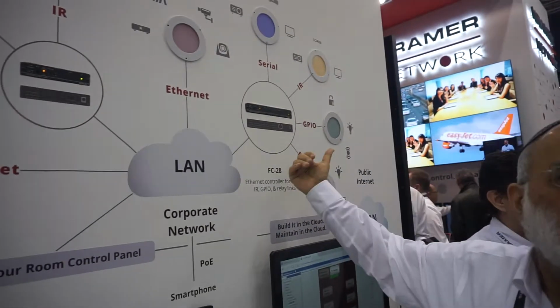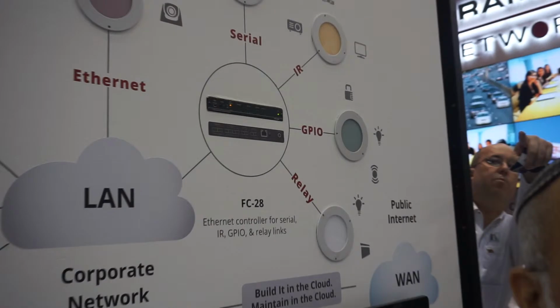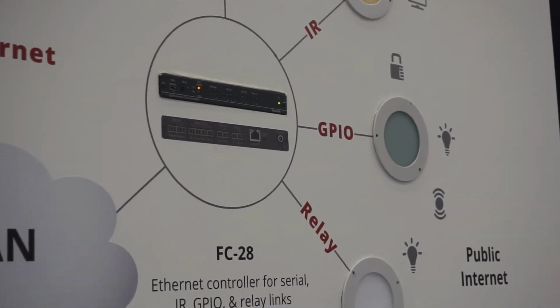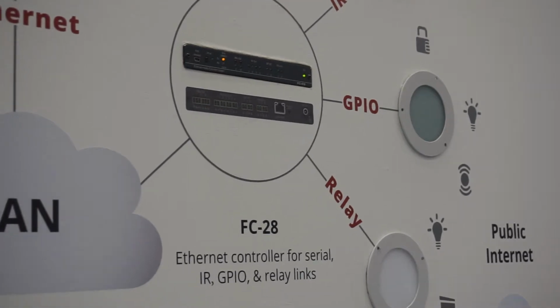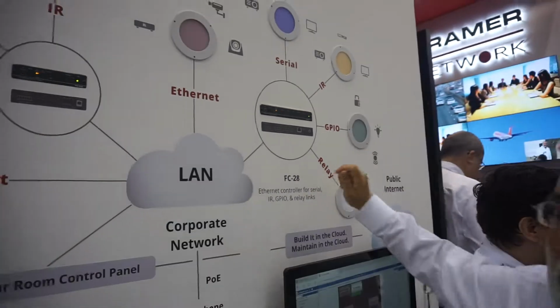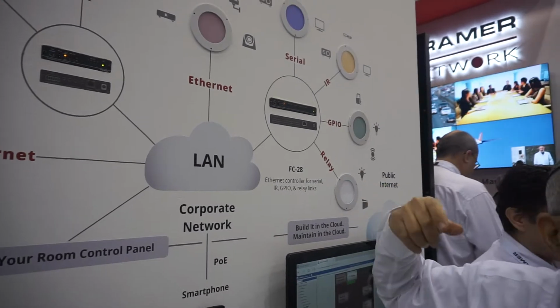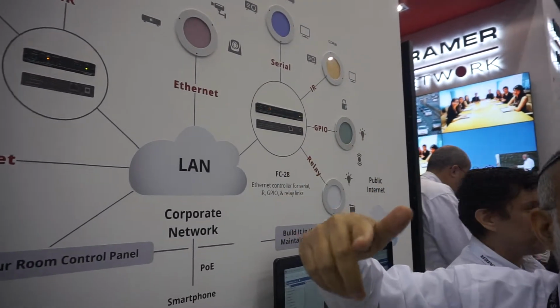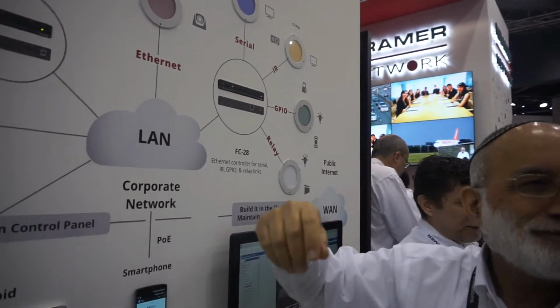GPIOs is used as an input typically for sensors, as an output for door locks, for things like that. And it has the motion sensor. Motion sensor would send you, yes, there is a motion.